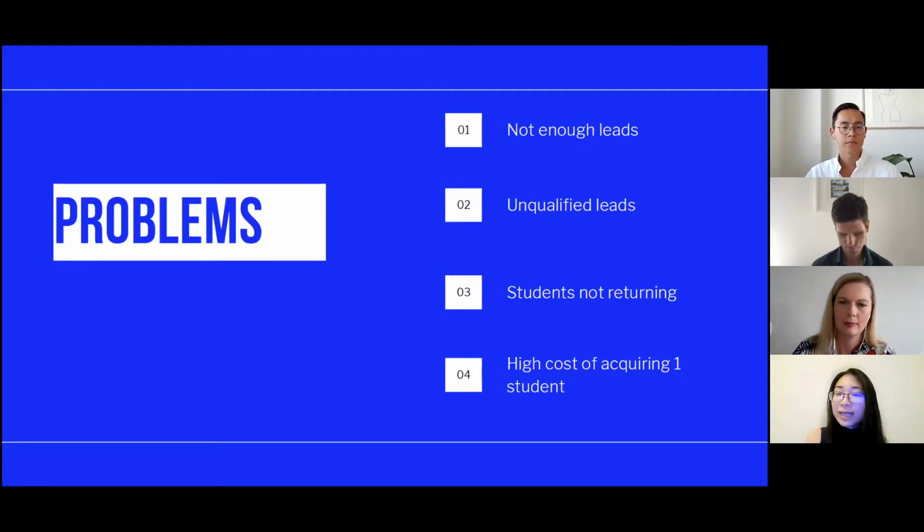And the fourth thing is there's a high cost of acquisition. I think actually for Facebook ads as well, since February, there was the iOS update. So the cost is higher these days.